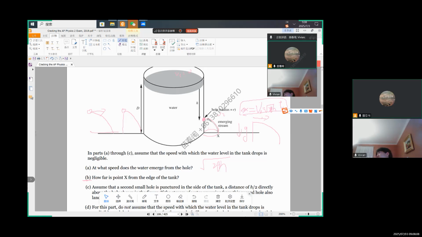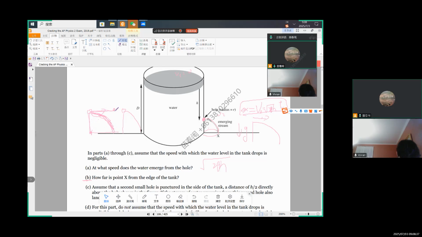I can't really find t horizontally, but I can find it vertically because it's the same t, right? Because the time you reach here is the same time you reach here. So these are the two components of this one motion. This curved motion is divided into one motion vertically and one motion horizontally.